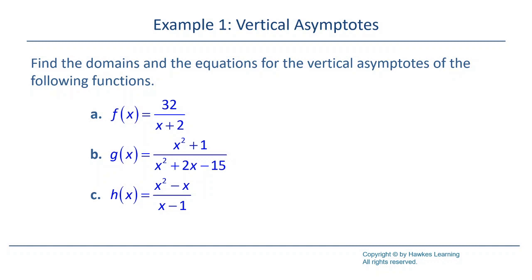So for these three, we're going to find the domain, and then we're going to find the vertical asymptote. Typically, it's vice versa, because once you find the vertical asymptote, that's kind of signaling to you what the domain has to be.